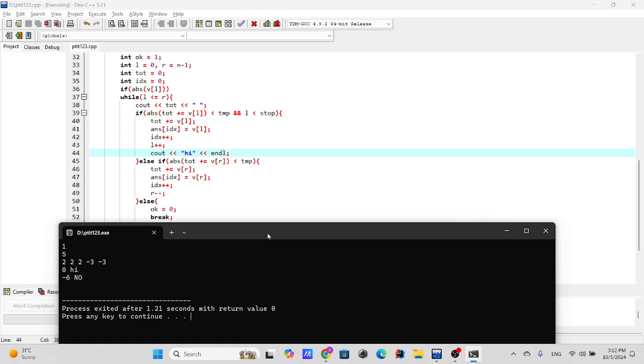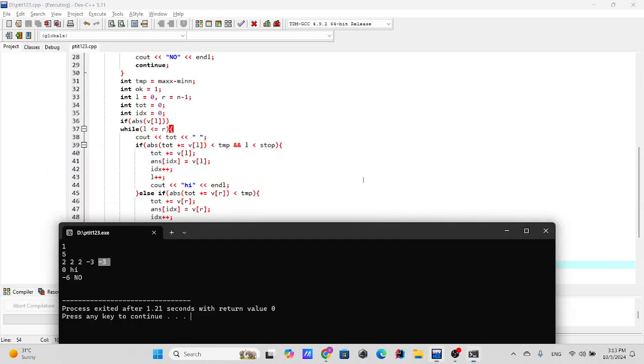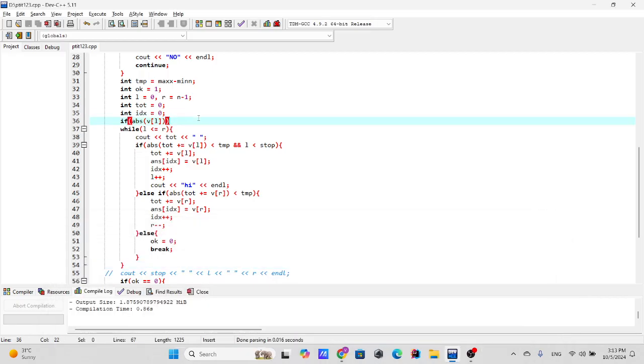Left. -3. Okay, so it should have been, yeah, it should have been -3. What the fuck? What's the error here? I don't know what the error is here.